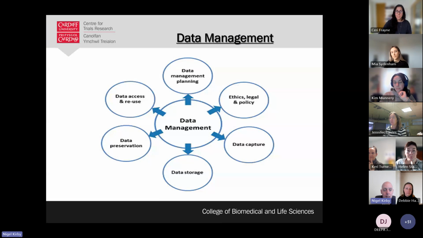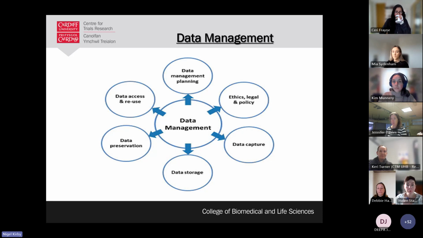Data management has lots of different strands. As I mentioned, planning is key, so writing things such as a data management plan. This details everything that is needed, how our data is collected, monitored and checked.